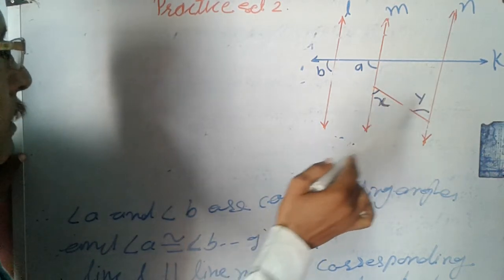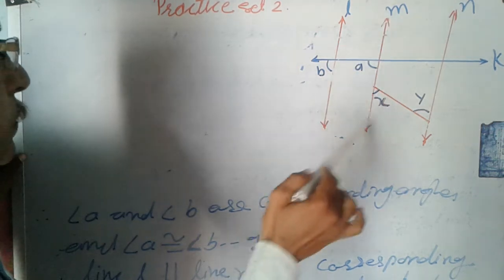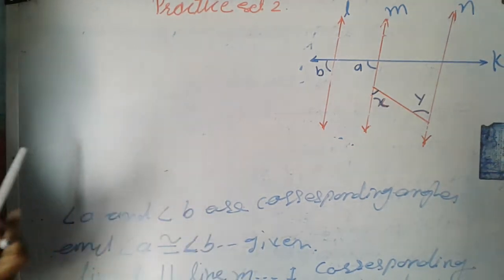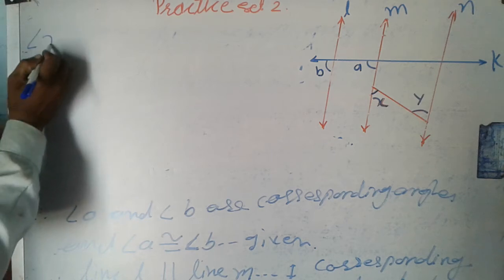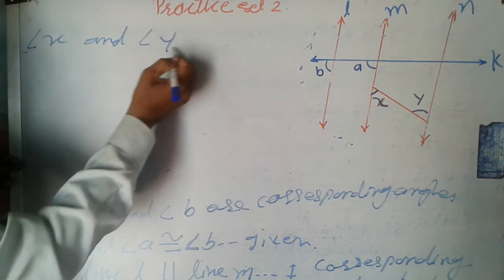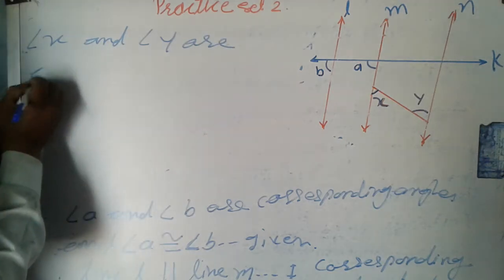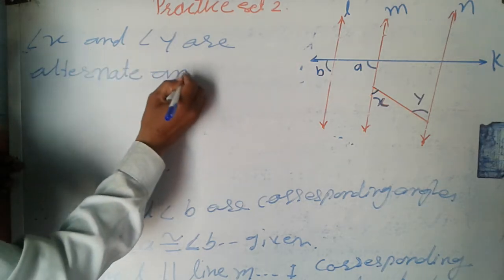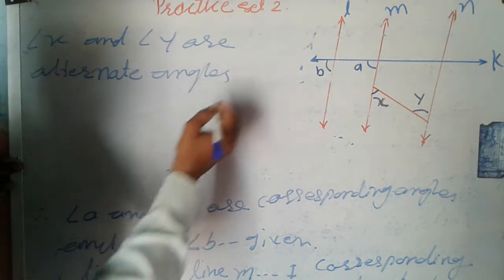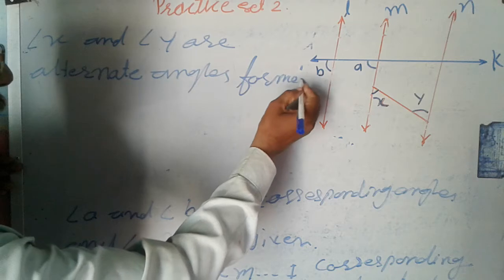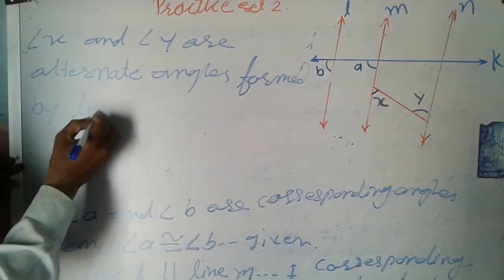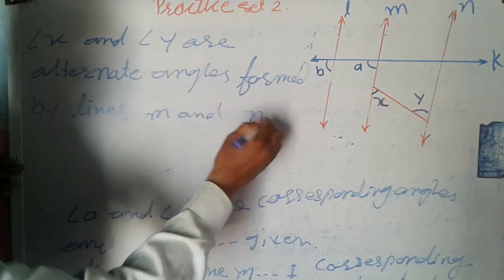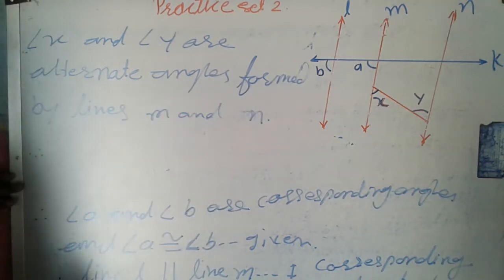So angles x and y are alternate angles formed by lines M and N, and these two alternate angles are congruent.